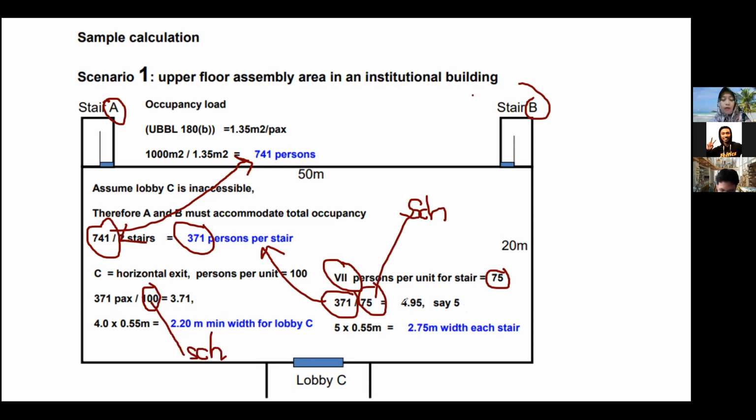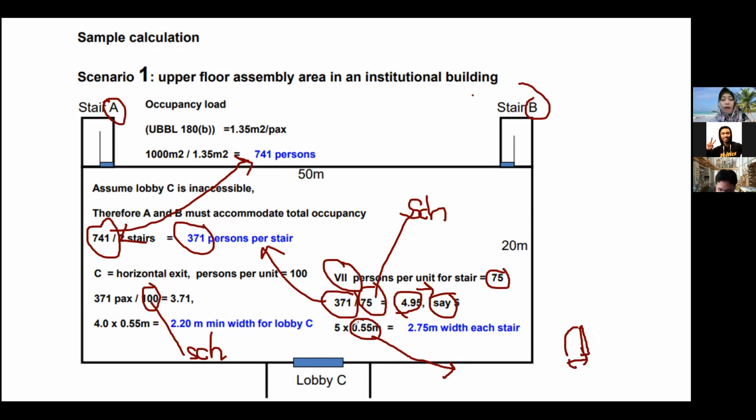So after you divide, you may get this number 4.95, meaning that it's 5, the nearest number to 5. So 5 times 0.55 meter. This one is per side. One side of the swing, 0.55.